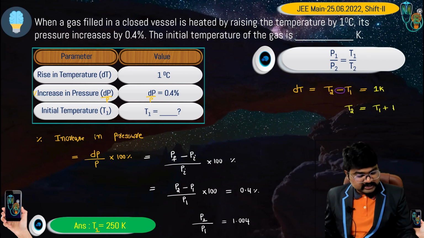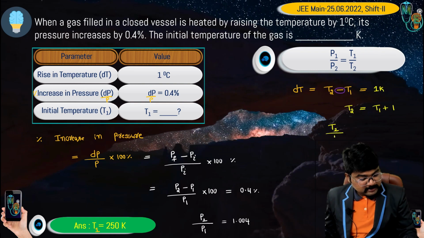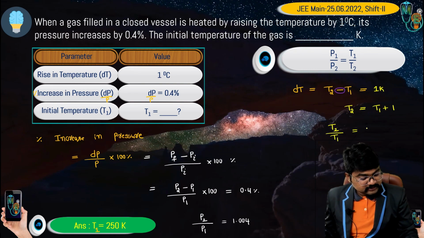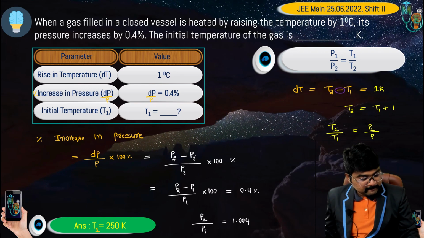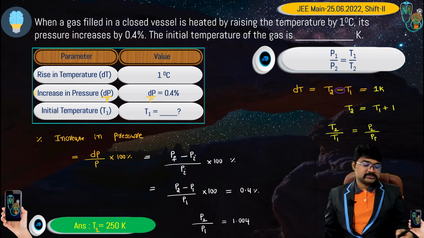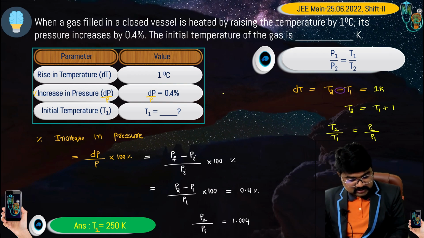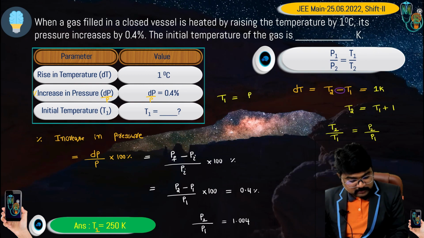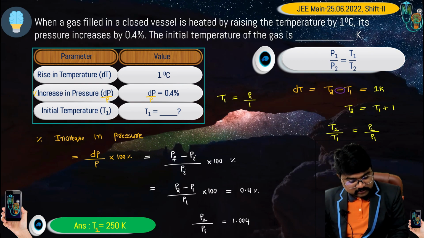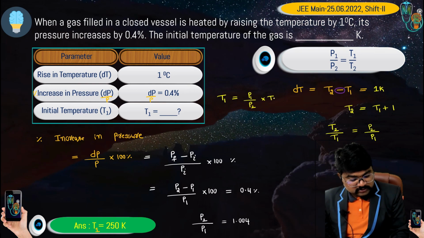You substituted this part, T2 by T1 equal to P2 by P1, or else straight away you can write what is T1. From here also you can write T1 equal to P1 by P2 into T2.